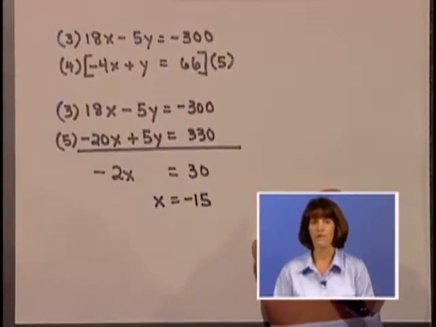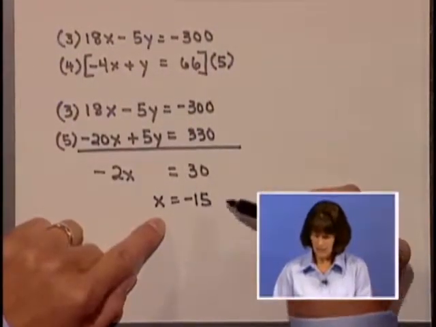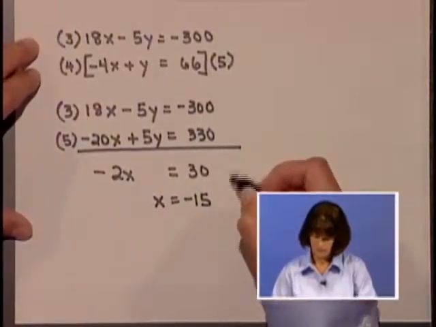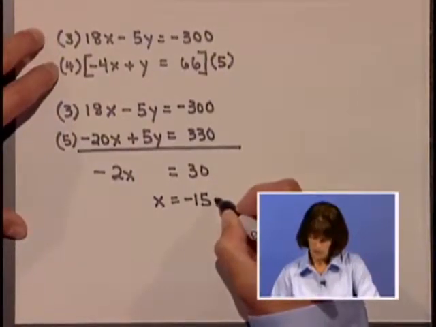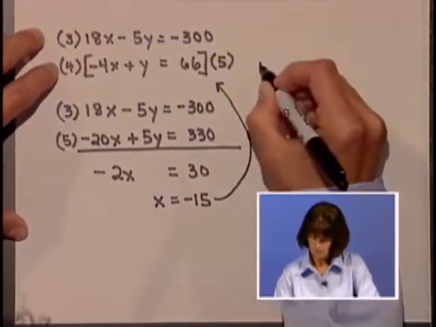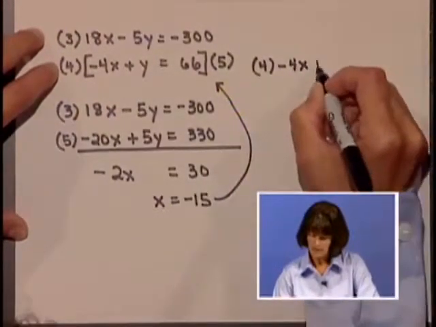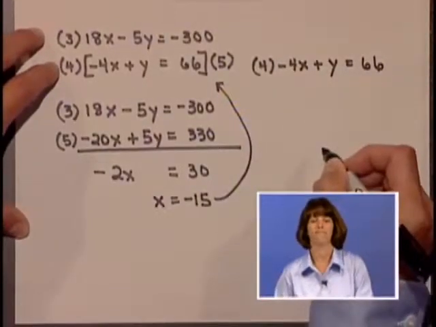We're almost there. Now let's go solve for y. Let's substitute x equal -15 into, how about equation, let's go up here into equation 4. Equation 4 looks like -4x plus y is equal to 66.